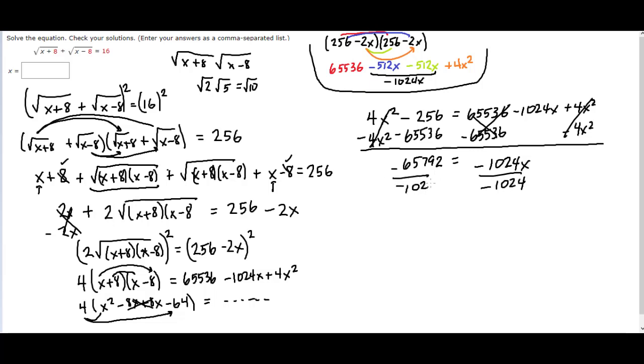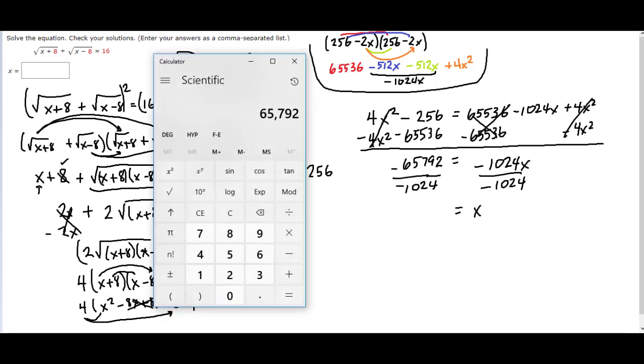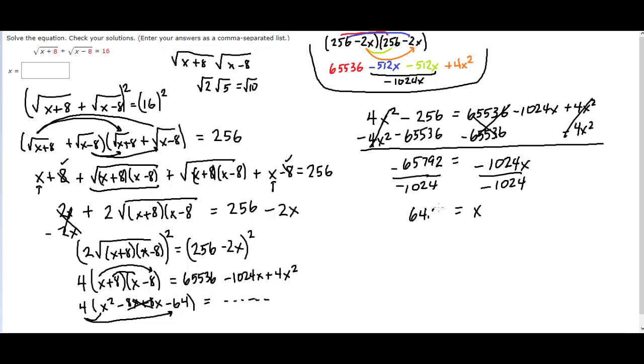And so I'm dividing two negatives here, so two negatives make that become a positive, and I'll pull out my calculator and I'll take 65792 divided by 1024, and so I get x equals 64.25, and that is our final answer to this awful, stinky question.